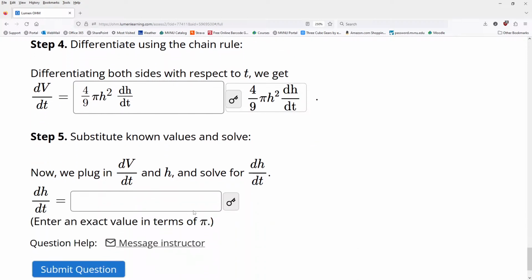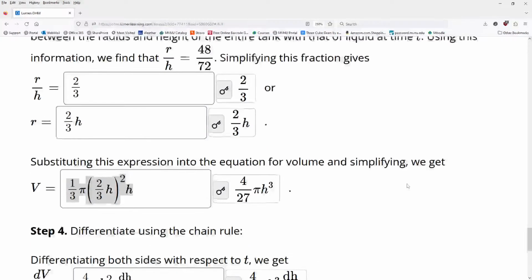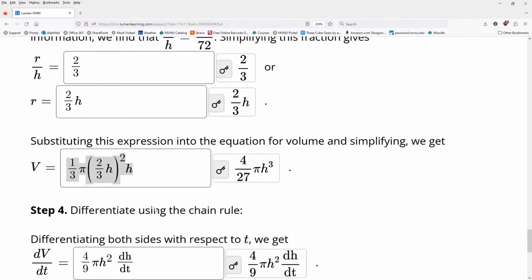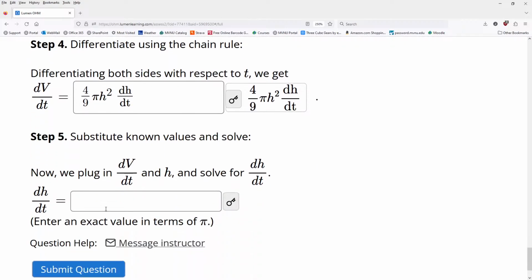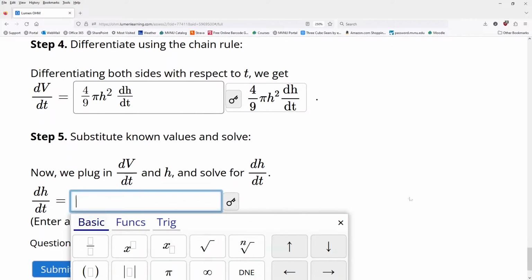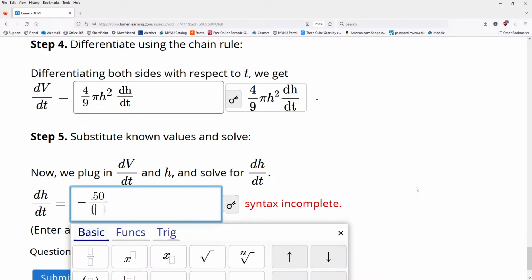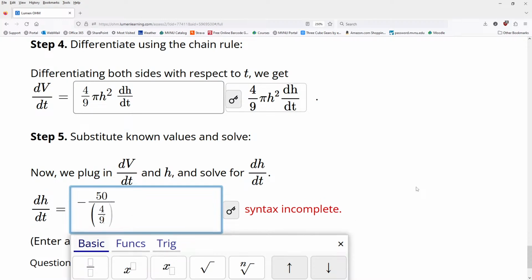So anyway, finally you plug in the numbers and solve for this. We have negative 50 for dV over dt, and h is 40. So that means dh over dt is equal to negative 50 divided by 4/9 times pi times 40 squared.